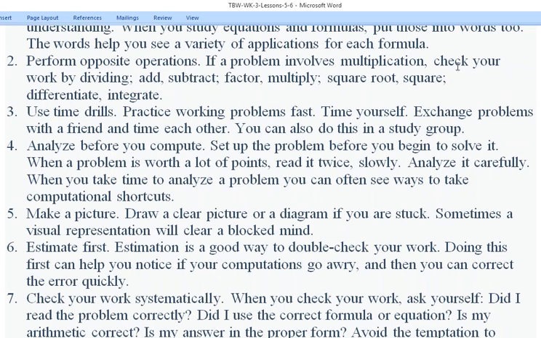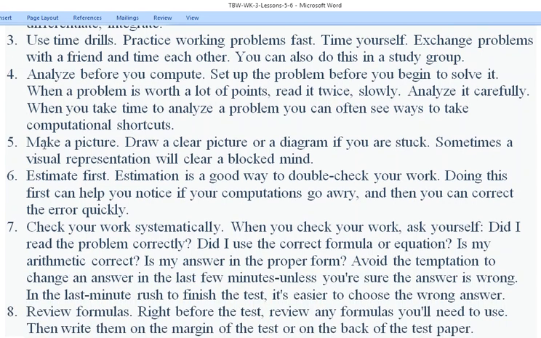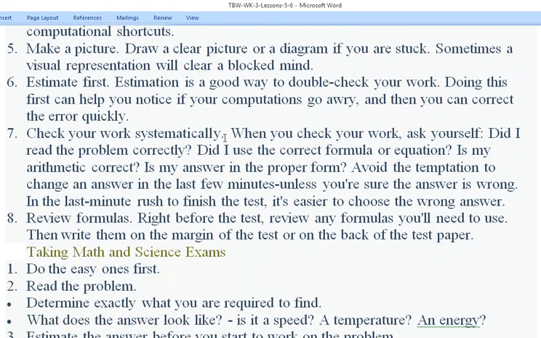Check your work by whatever the instruction is giving: add, subtract, factor, multiply, square root. Use time drills for tables and other things. Draw pictures if you can, like a pyramid or something. Estimate first how much time it can take. Check your work systematically. Put the information systematically and clearly. Clear?